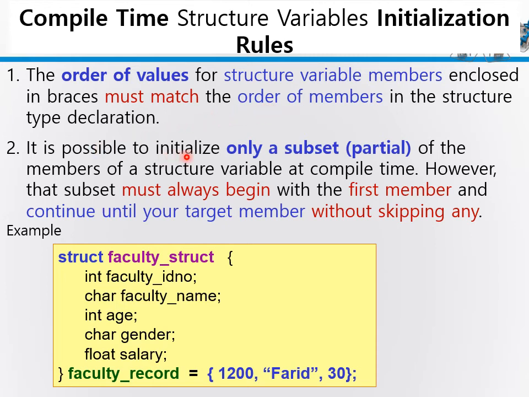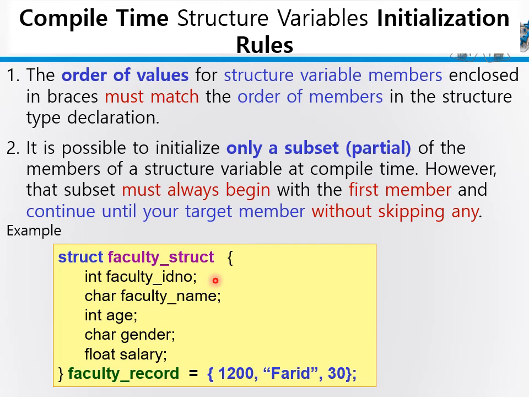It's possible to initialize only a subset, a partial set of the members of a structure variable at compile time. However, that subset must always begin with the first member and continue until your target member without skipping any.